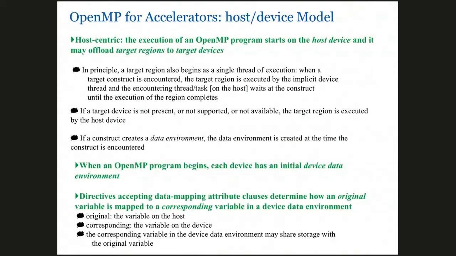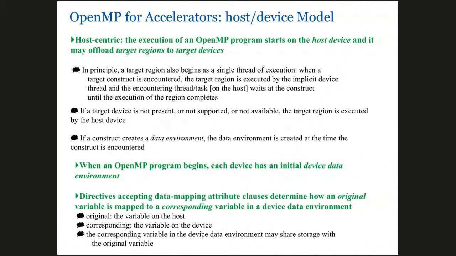Okay. The other big thing for OpenMP is accelerators and the so-called host-device model. The idea is quite straightforward. It's host-centric: the execution of an OpenMP program starts on the host device, the CPU thread, and it may offload target regions to a target device, for example the GPU.